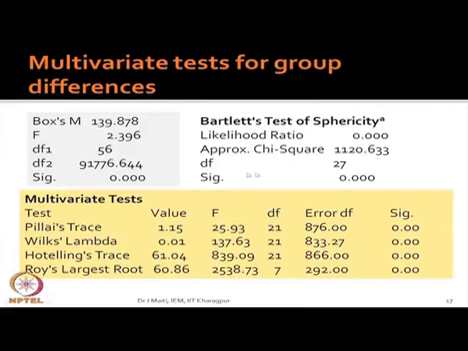We have also done Bartlett's test of sphericity, to check whether the 7 factors are independent or not, and the significance value is 0, which means they are correlated. See how the issues are coming here.